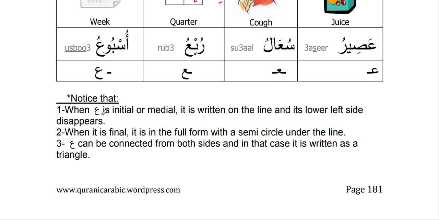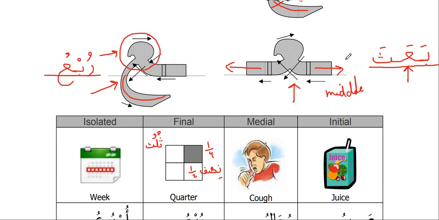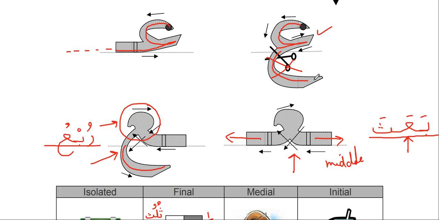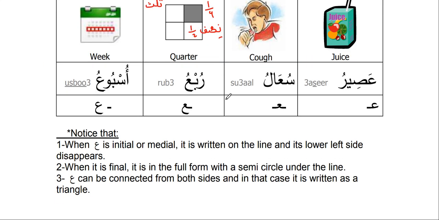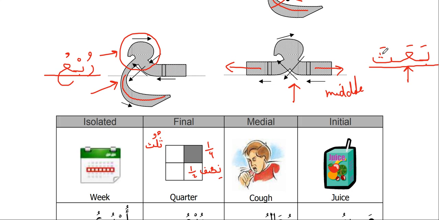Now, when ayn is in initial or medial, it is written on the line and its lower left side disappears. Means the lower side of the ayn disappears, and the head of the ayn remains the same when it is written as the initial. And when it is in the middle, a bit of it changes, it becomes like a bow tie now.